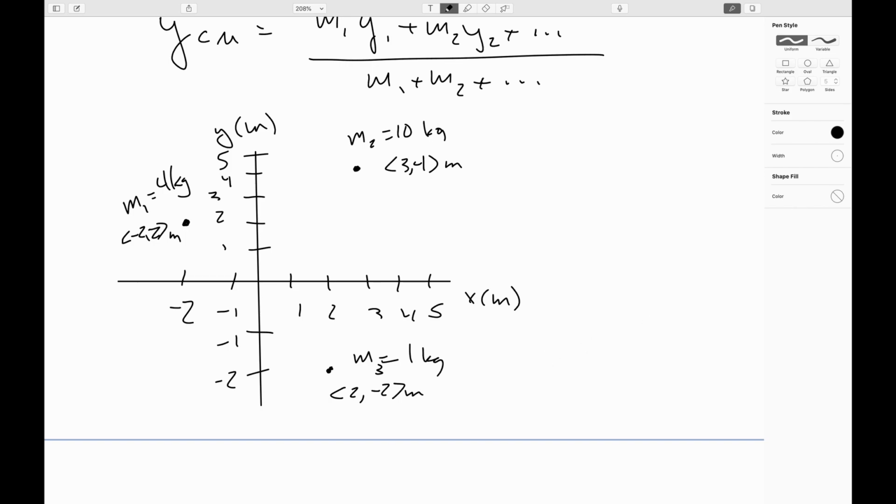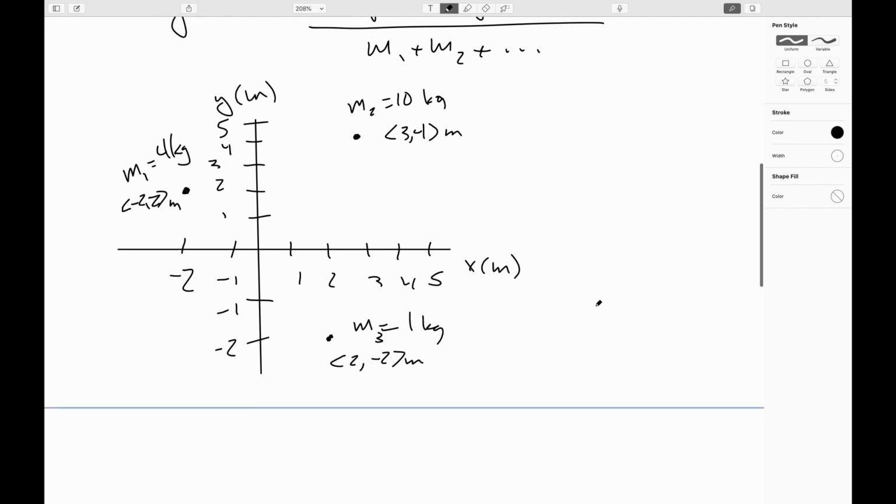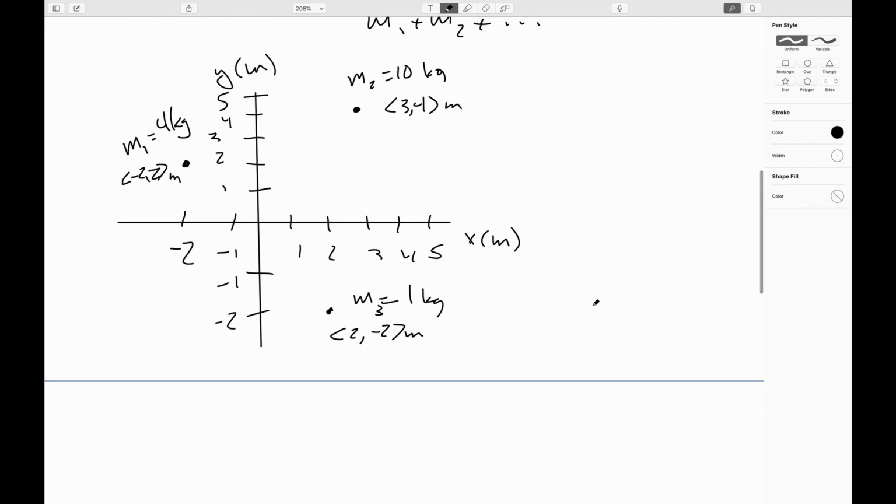So then our prescription is going to be to find the x coordinate of the center of mass. That will be m1 x1 plus m2 x2 plus m3 x3 over m1 plus m2 plus m3.